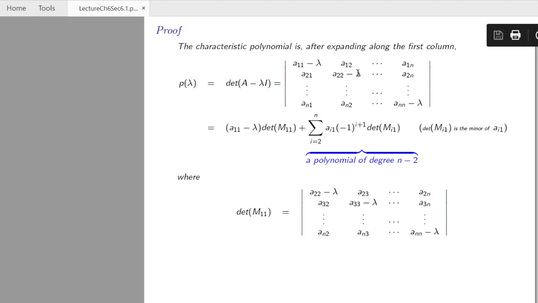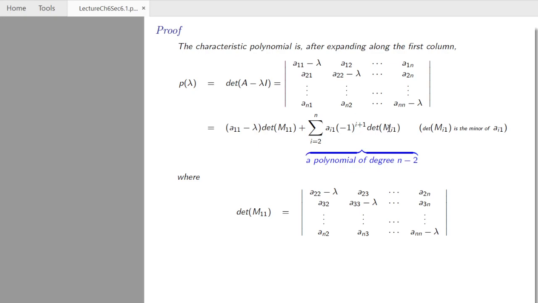And then we should add A21 times negative 1 to the power 2 plus 1, times the determinant of M21.